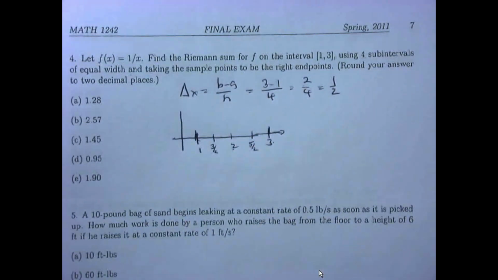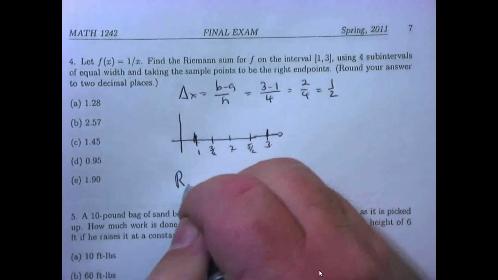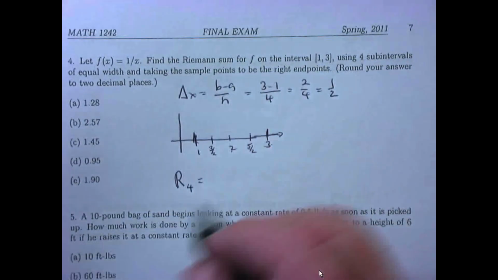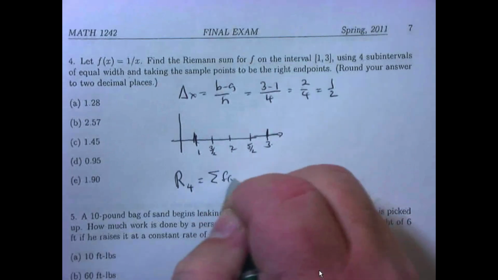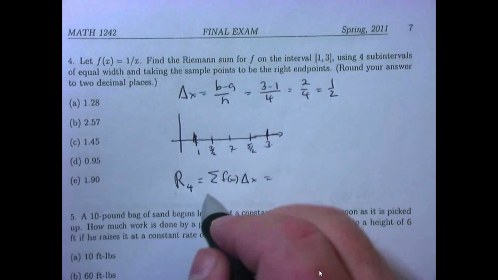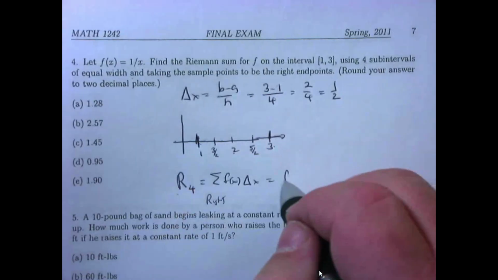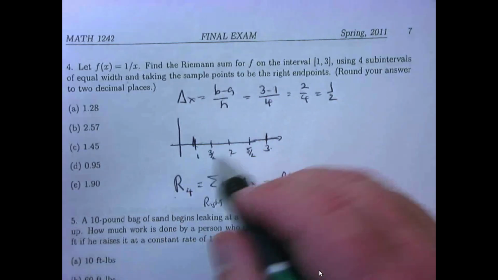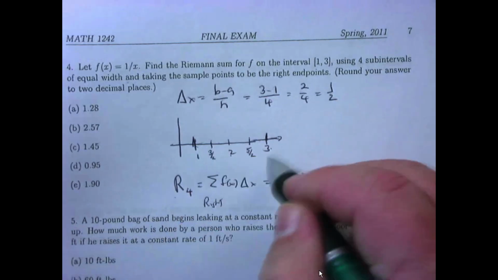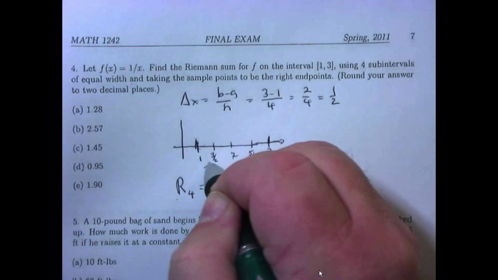We want to use right endpoints. So I'm doing a right Riemann sum for 4 subintervals. Remember, the formula for Riemann sum is the sum of f of x times delta x. So I'm using the right endpoints for each interval here. So that would be f of 3/2 times delta x, but delta x is 1/2, using my right point.